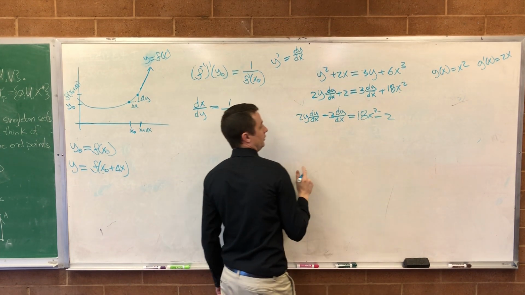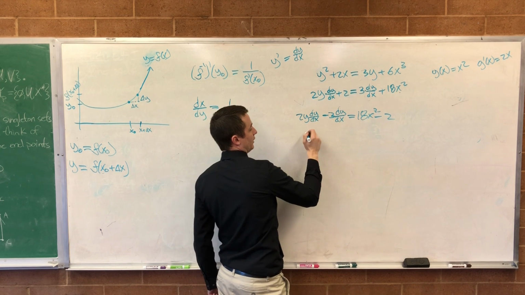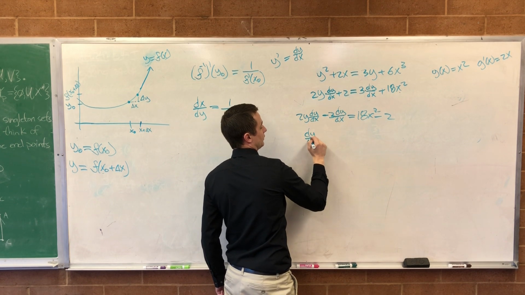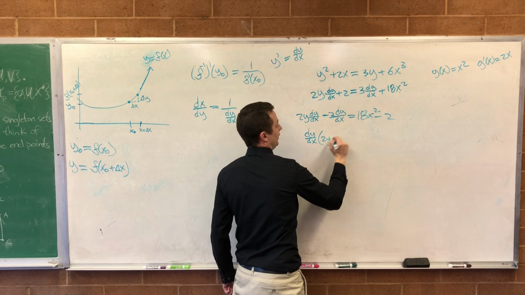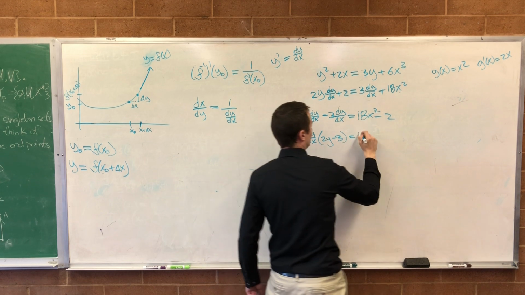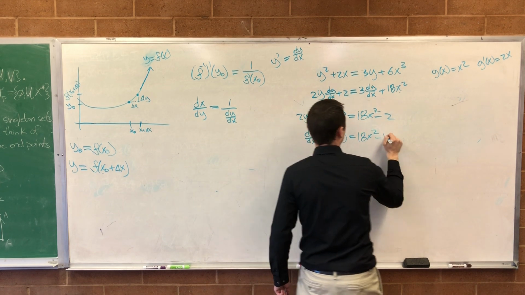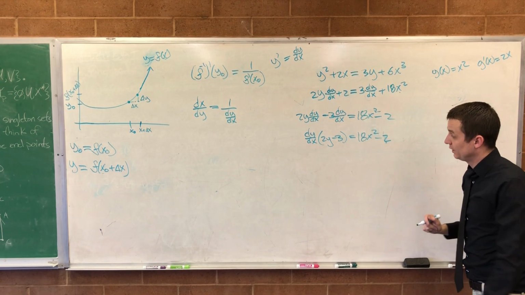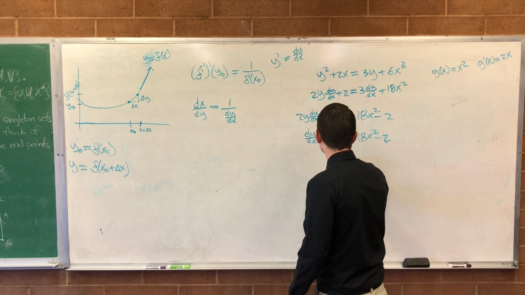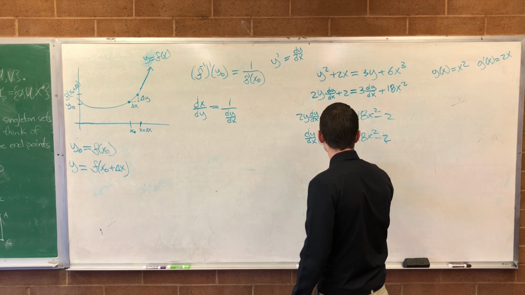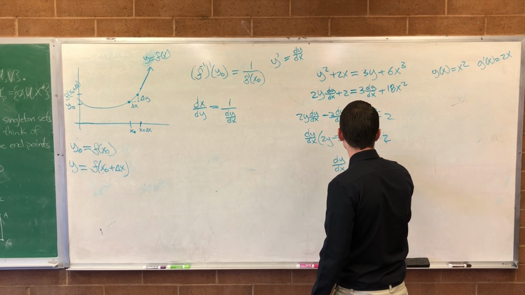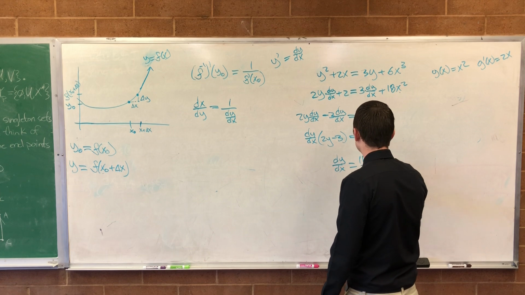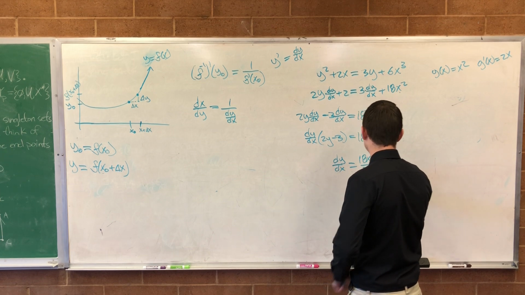So now factor dy dx out of both those terms. We get dy dx times 2y minus 3 is equal to 18x squared minus 2. Now divide both sides by 2y minus 3, and I get dy dx is equal to 18x squared minus 2 all over 2y minus 3.